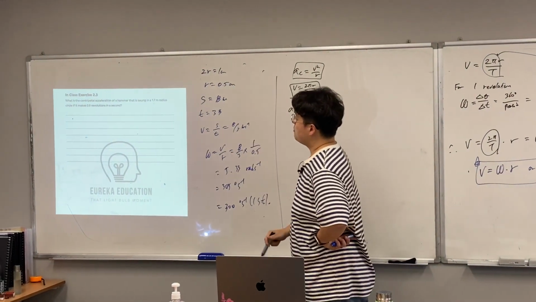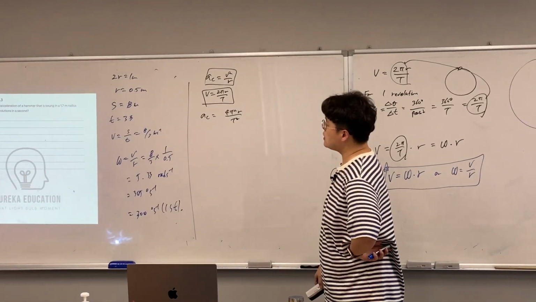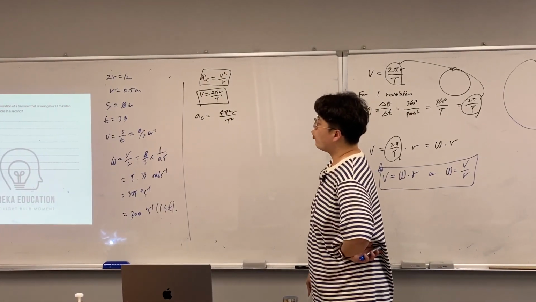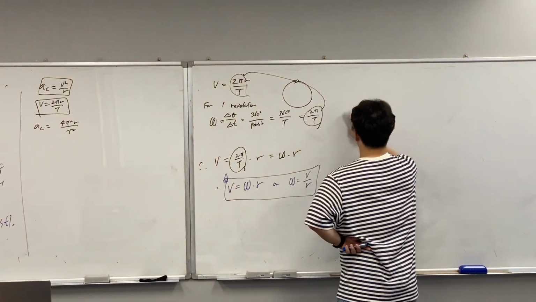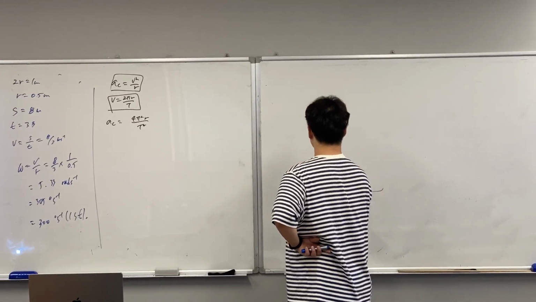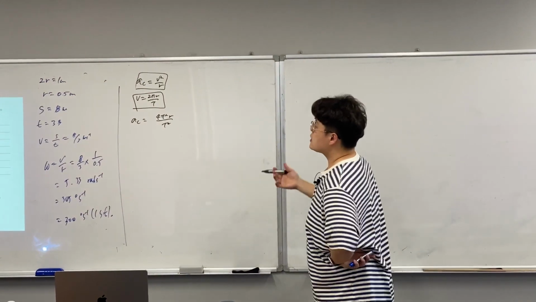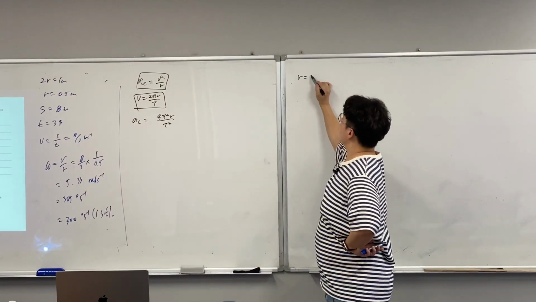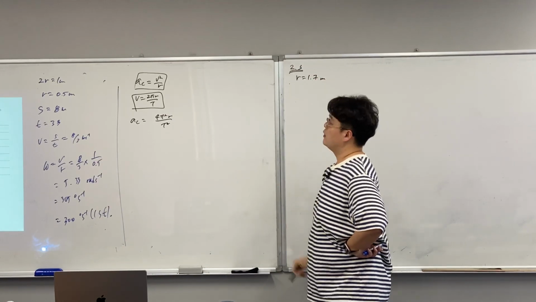What is the centripetal acceleration of a hammer that is swung in a 1.7 meter radius circle if it makes 0.8 revolutions in a second? So let's write down what we have. We're given that the radius is 1.7 meters.